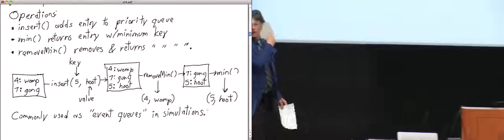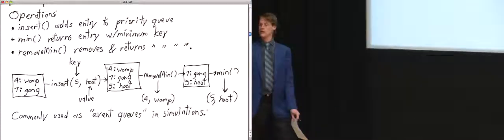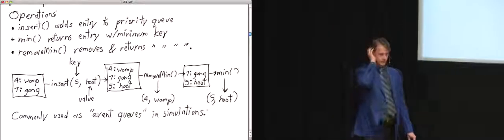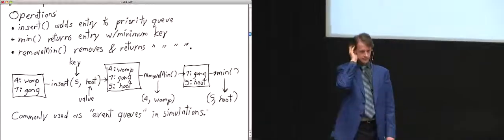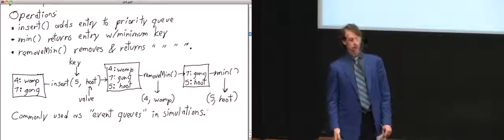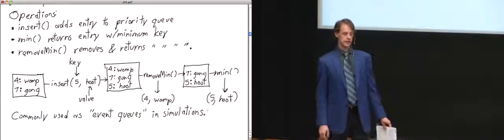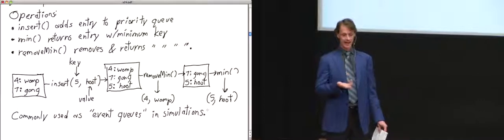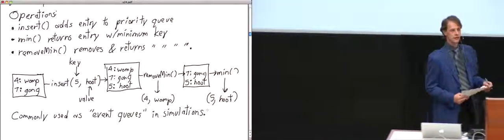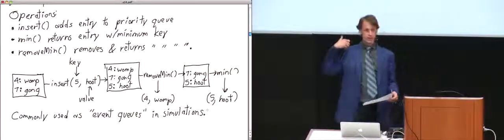So are there any questions about what priority queues are? There can be multiple values with the same key. Because if you think of an event simulation, for instance, there might be two different events that happen at exactly the same time. In fact, all the events could have the same key.